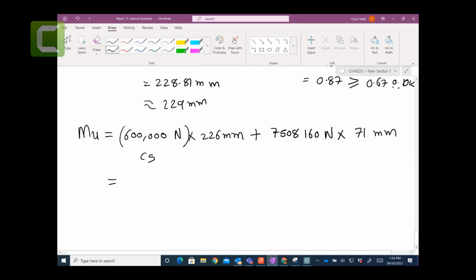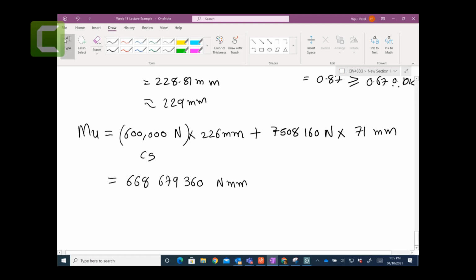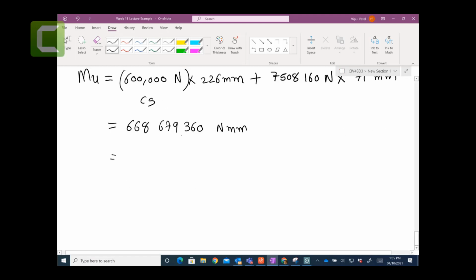So let's find out this moment. 600,000 times 226 plus 7,508,160 times 71. So you get 668,679,360 newton millimeters. Divide by 1000 to get kilonewton meters. So 669 kilonewton meters. Right.